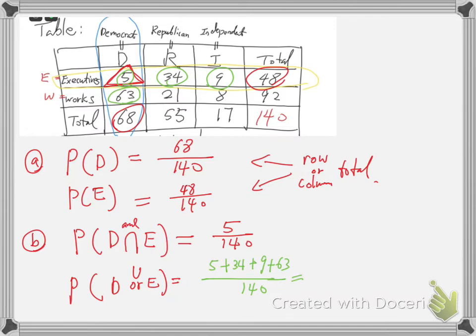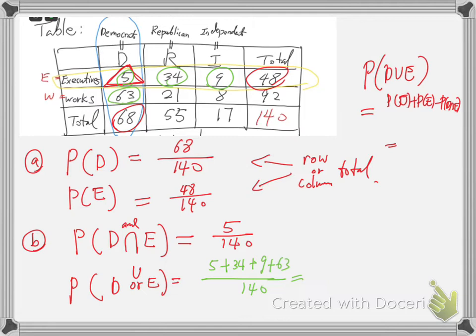Now there's another calculation, solution 2. Let's change it back to red. For this part, P of D union E, we can use the addition law. So this will be P(D) plus P(E) minus their intersection, P(D intersect E), over 140. For the numerators, we don't need those over 140, since they already have 140 in the denominator.